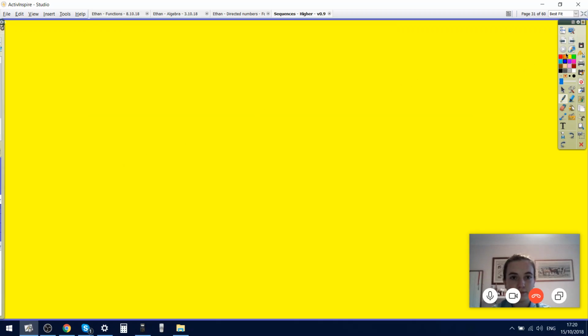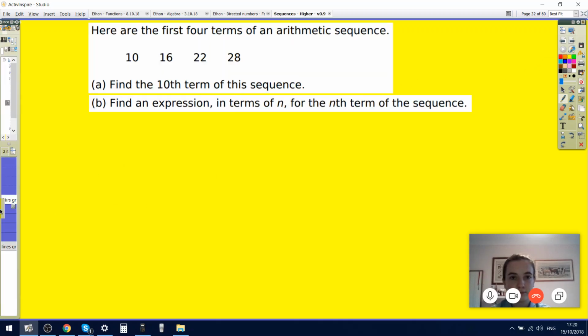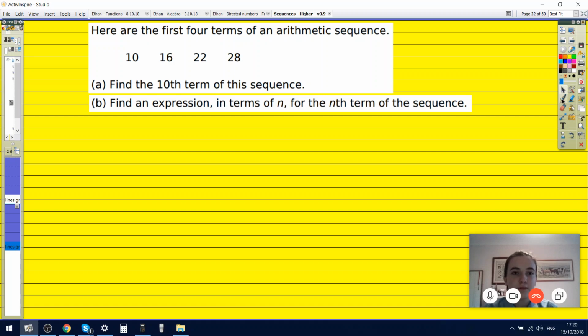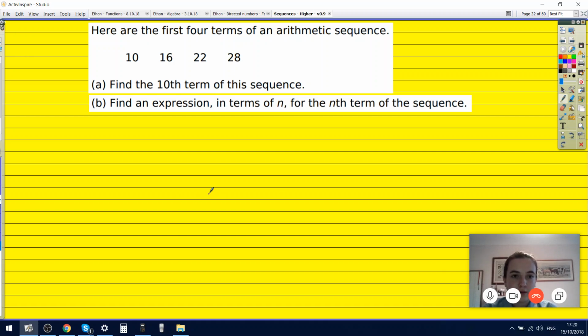Okay. Now we'll practice more. Okay, how do we do this? So then the expression would be 6n plus 4.